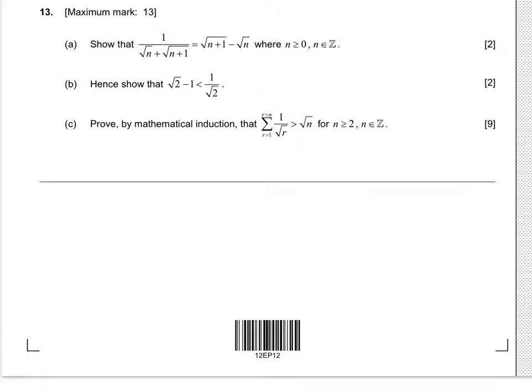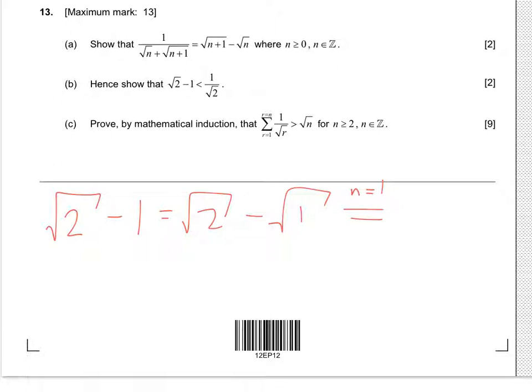Part B asks us, hence show that root 2 minus 1 is less than 1 over root 2. So I'm going to use the result from before. Root 2 minus 1 is the same as root 2 minus root 1, which is the case from above where n is equal to 1.